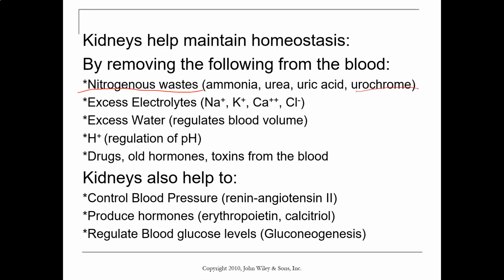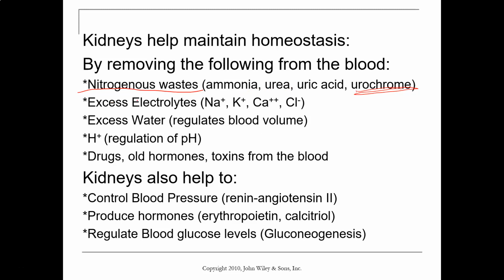Remember, urochrome is an old heme breakdown product. So you remember heme from when we talked about red blood cells. So these nitrogen waste products are something that the body needs to get rid of. They come mainly from breaking down proteins and nucleic acids.